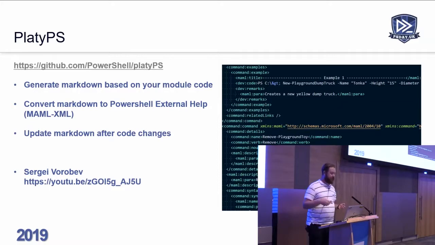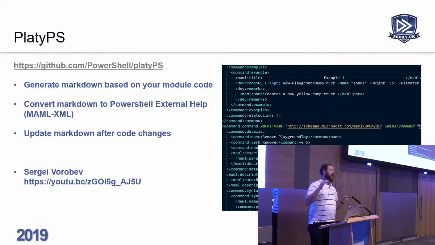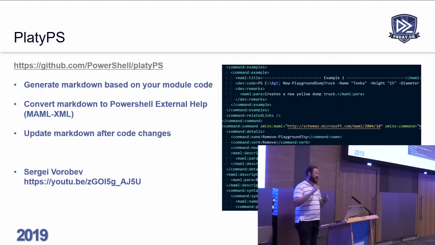documentation as well. So what PlatyPS will do, it will take a look at your code, and it will generate a Markdown template for your code, where the only thing you need to do, and unfortunately, AI isn't that good yet, so you still will need to write on your own what your code is actually going to do.